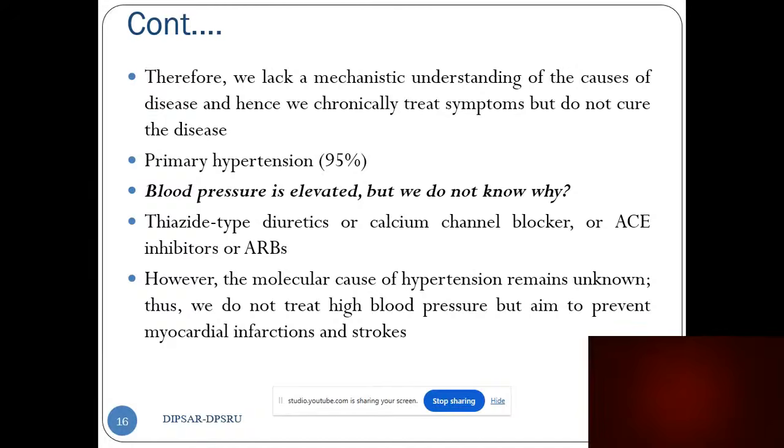So if I ask you why we have these diseases, can anyone answer this question? Can anyone answer this question in the chat box?